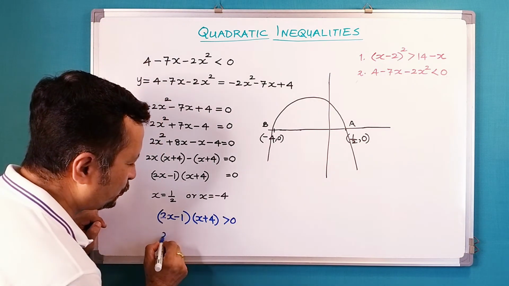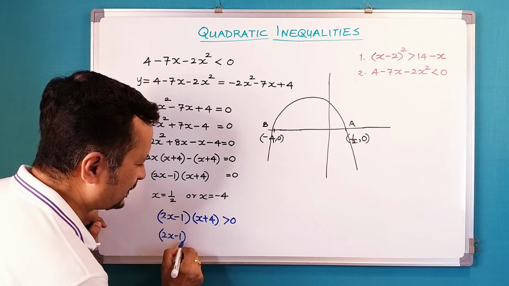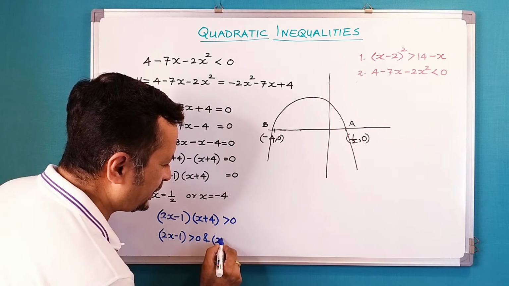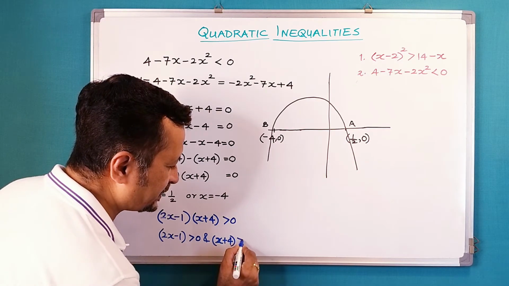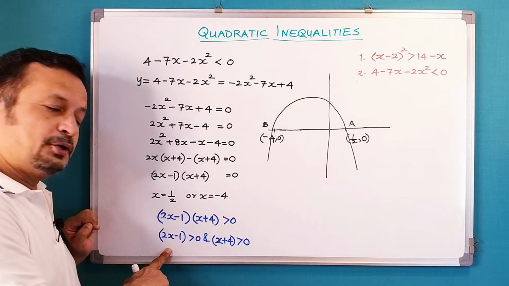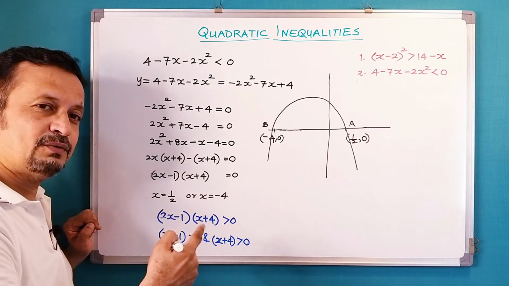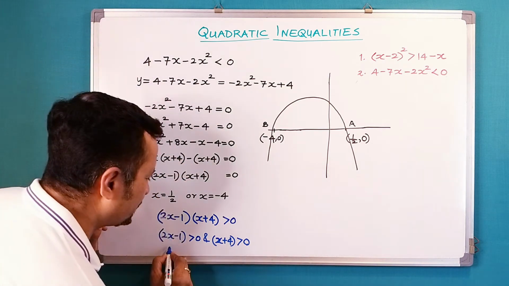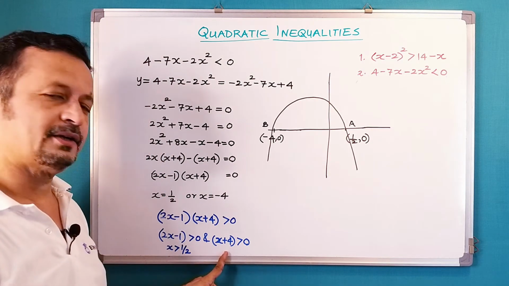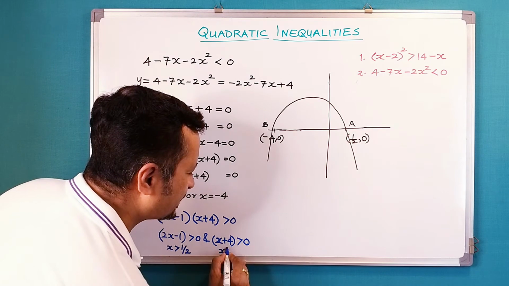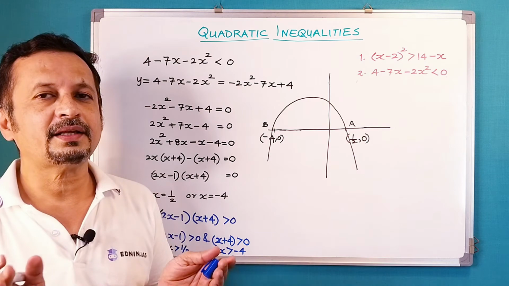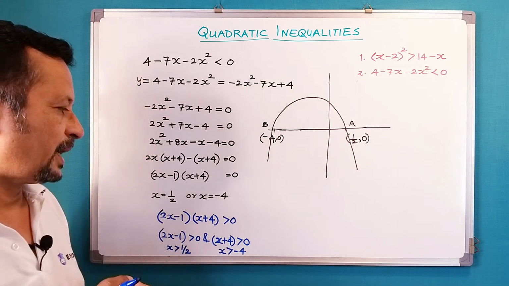So that means 2x minus 1 greater than 0 and x plus 4 greater than 0, correct? So the first part says x greater than half. And what does my second part say? x is greater than minus 4. So x greater than half and x greater than minus 4.